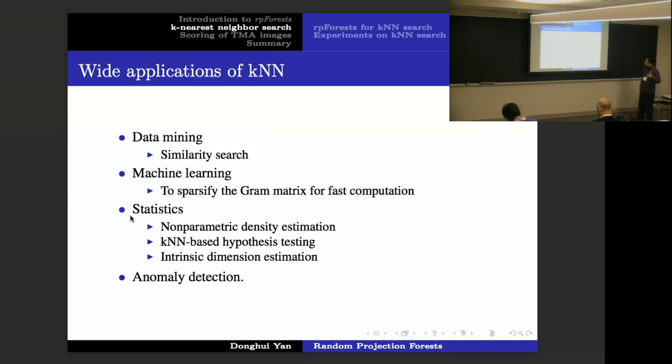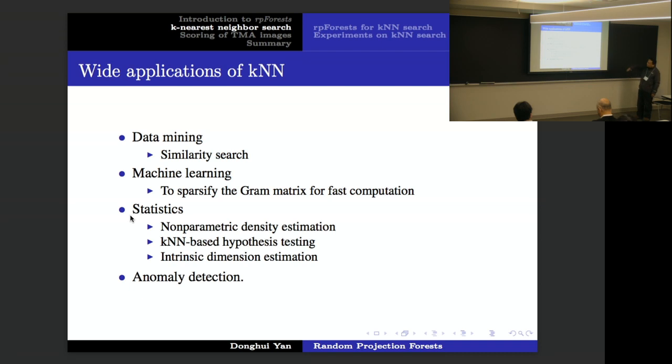In machine learning, we use k-nearest neighbor search to specify the similarity matrix or the graph matrix for faster computation. In statistics, k-nearest neighbor is also used for non-parametric, data-driven density estimation, k-nearest neighbor based hypothesis testing, intrinsic dimension estimation, and also in the applied area called anomaly detection.